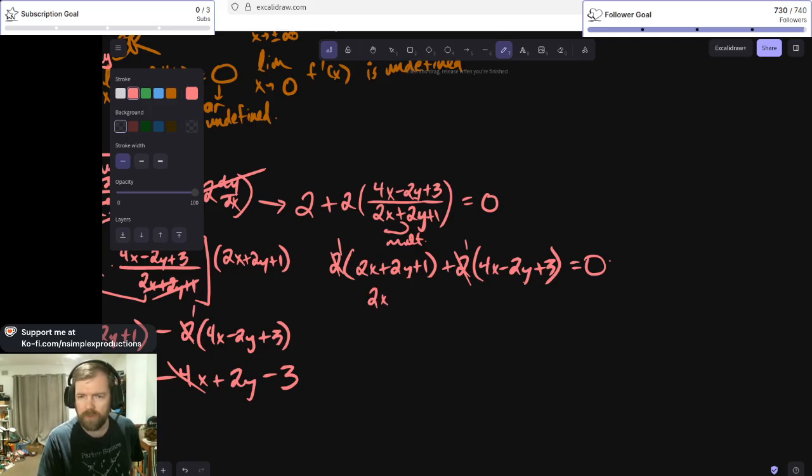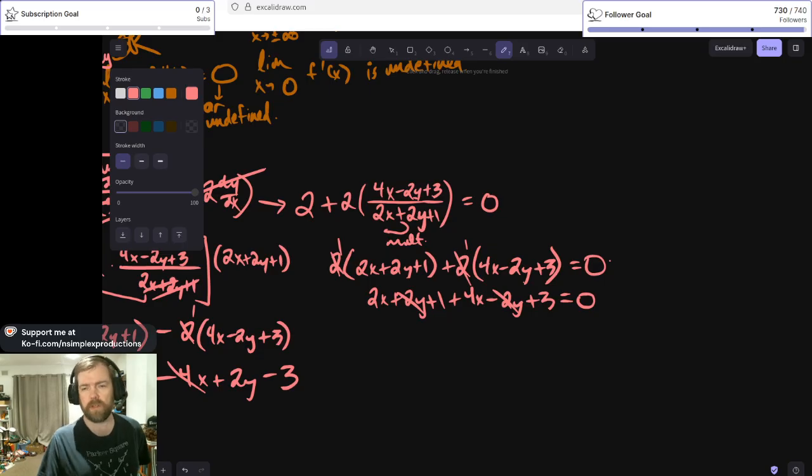And then we get 2x plus 2y plus 1 plus 4x minus 2y plus 3 is equal to 0. Our y's subtract out, and that is what we're looking for. 6x plus 4 equals 0, so 6x is negative 4, so x is going to be negative 2/3. Nice.